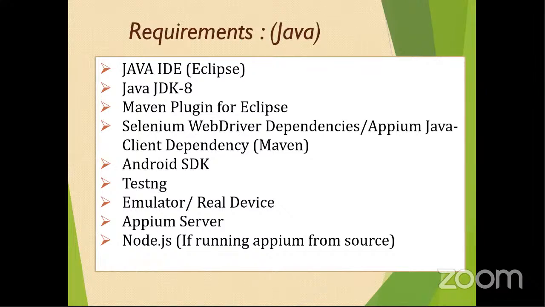TestNG and JUnit are the unit frameworks which we use for unit code execution. Previously they were mostly used by developers, but this framework is very useful for automation people to run the test cases. Okay, we are writing the test cases, so we need to run them. Using a normal Java application, we are not able to get a proper output.